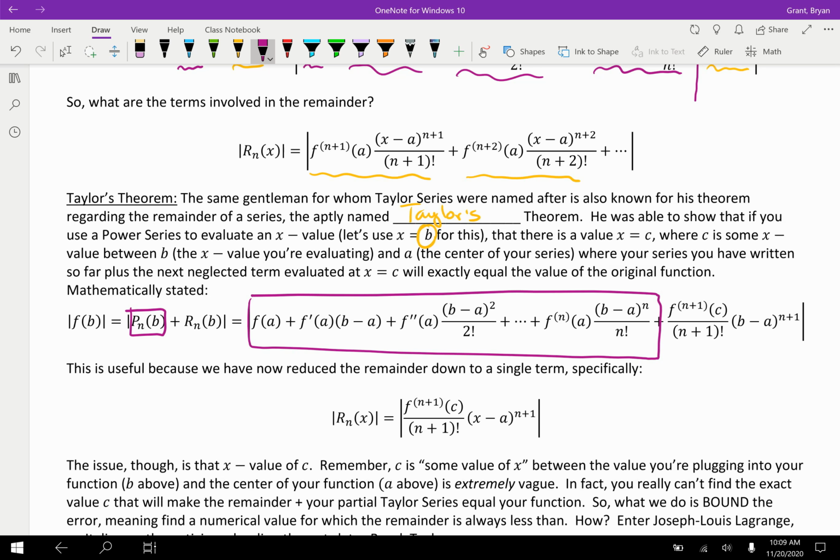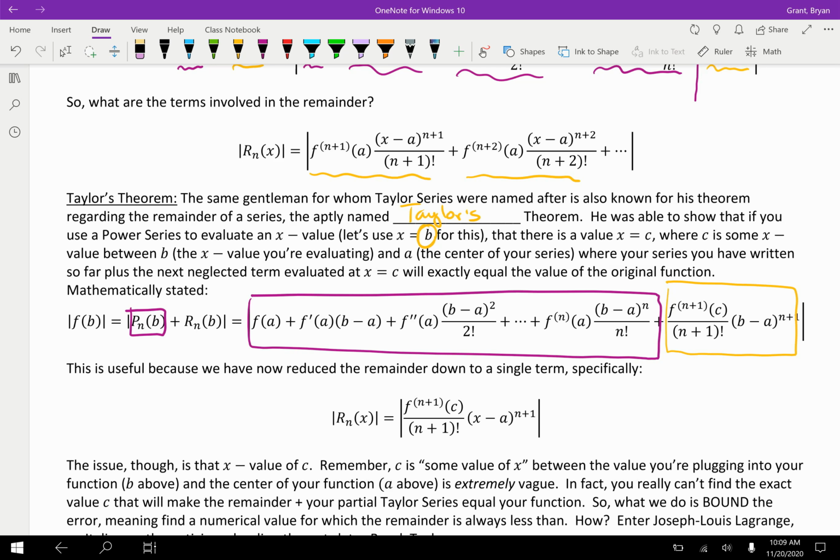What Taylor was able to show is that if you look at the next neglected term, just like our alternating series, right? If you look at our next neglected term, there has to be some value that you can plug into just the very next single term, where this answer plus what you've already written will equal the exact value of the original function.